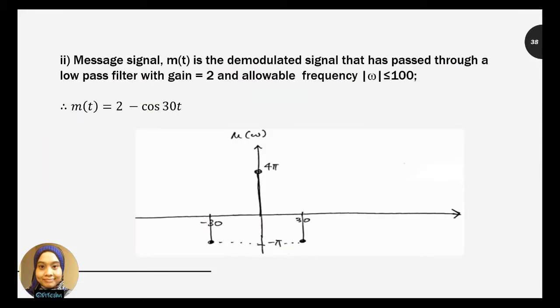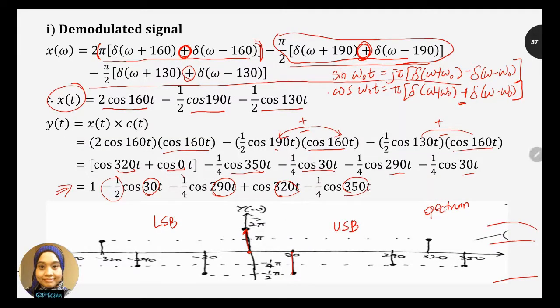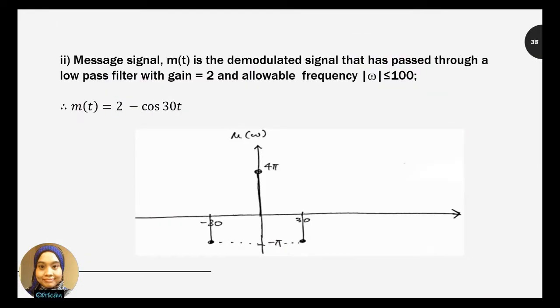Right, next, okay, so next you need to find the message signal. Just now what we have here is the y(t) equation for the first one. And next is how we can get the message signal, because that y(t) must pass through the low pass filter with the gain equal to 2 and allowable frequency, or some books call it the cut off frequency, must be less than 100.